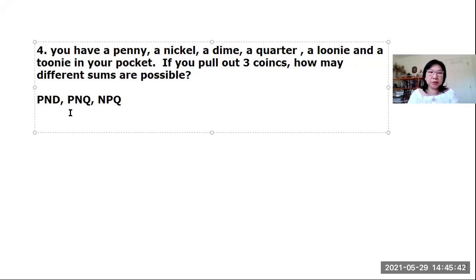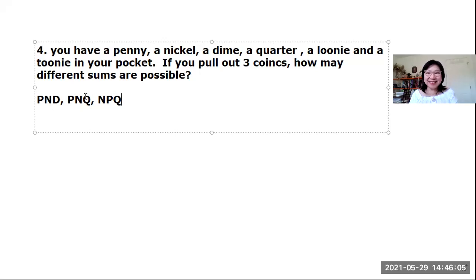Now, do you count these two choices as 1 choice or as 2 choices? If you take out a penny first, and then a nickel and a quarter, or you take out a nickel first, and then a penny and a quarter. Even though you reverse the order, PNQ or NPQ, it doesn't matter.